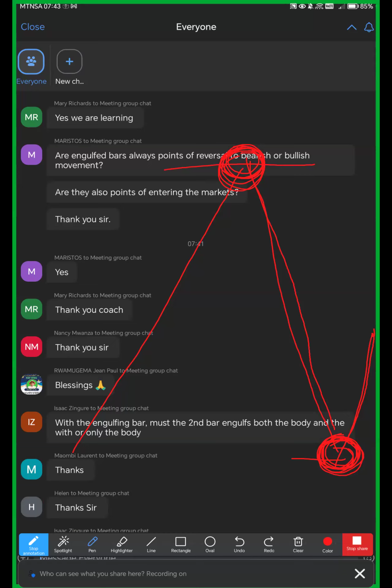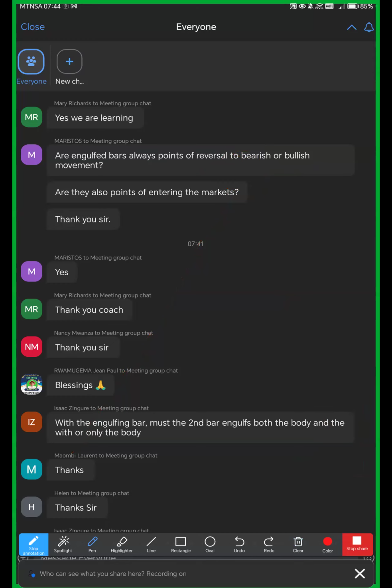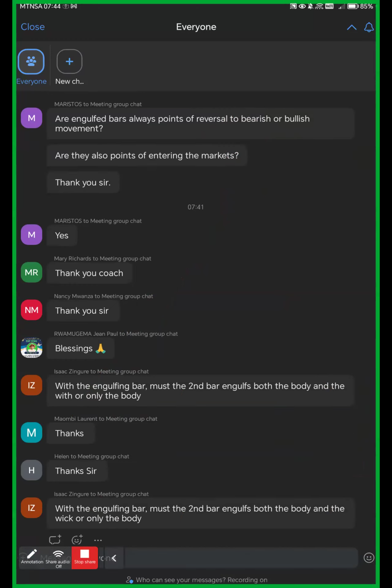Yes, it must really cover, because to engulf is to cover, right? So it should really cover, especially the body. Especially the body. Okay? Then it is a valid engulfing bar.